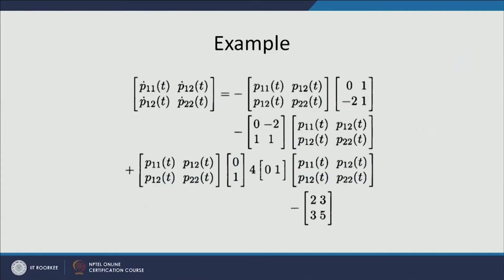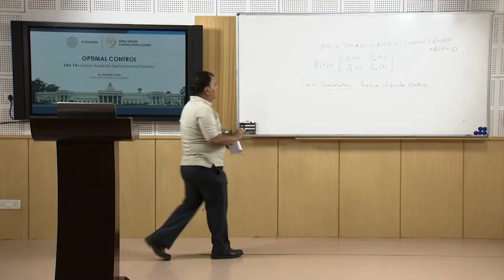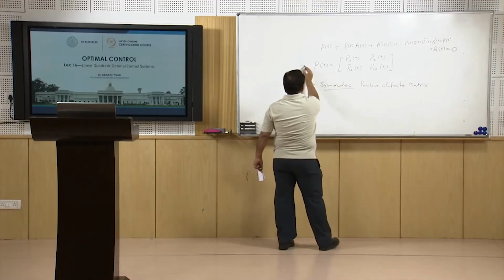If I simplify this matrix I will get these 3 equations. These are interrelated equations, but I have to solve them for P11 dot, P12 dot and P22 dot to get the value of my P matrix.